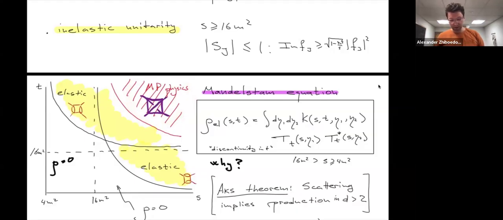One way to nicely express this fact is the so-called Aks theorem, which says that scattering implies production in space-time dimension larger than 2. So I thought I will now use this structure that we revealed to prove this theorem quickly.